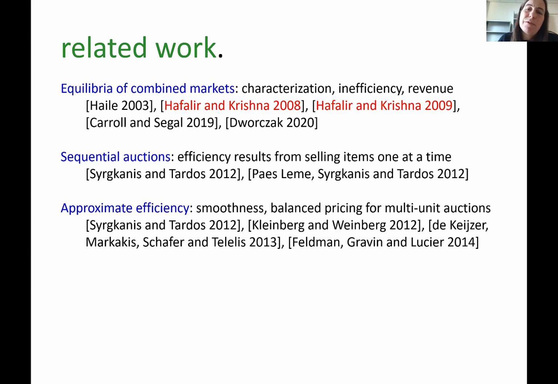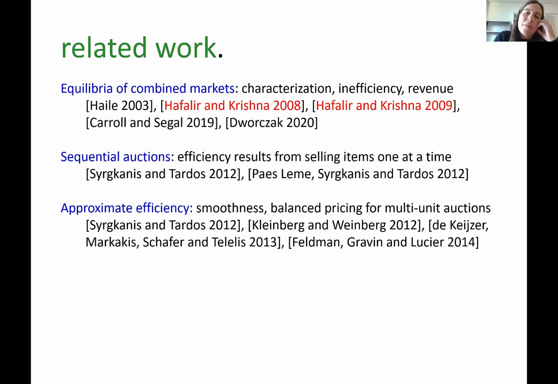Then, more related to what I want to talk about today is their follow-up paper in 2009, where they showed that for the first price auction, the existence of this aftermarket can cause an inefficiency. They gave some conditions under which the market is still efficient, and then an example where the market is inefficient.